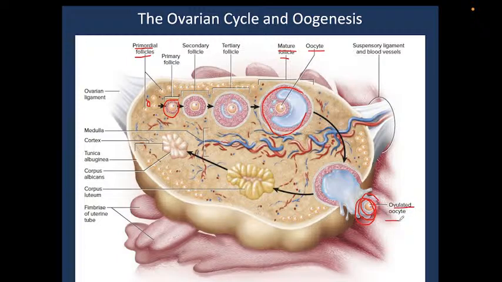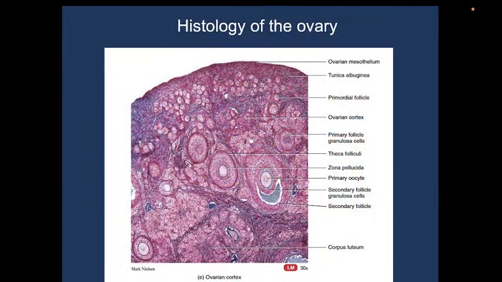So this process, when the oocyte comes from the ovarium to the peritoneal cavity, is called ovulation. Usually ovulation takes place once a month.